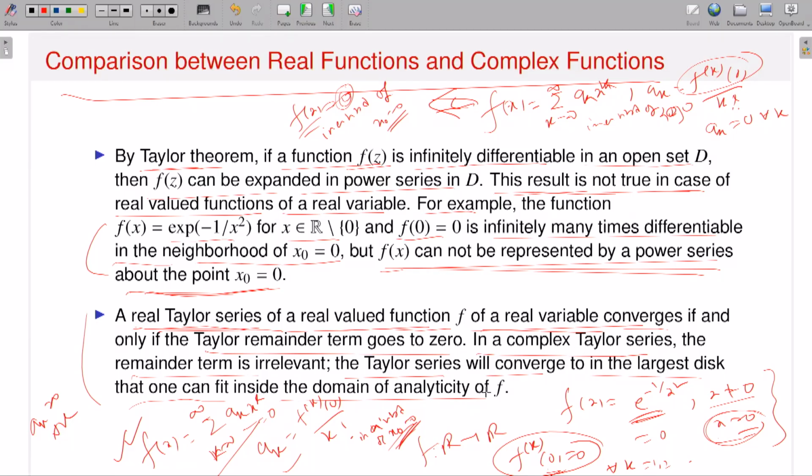So that means if I have a function analytic in a domain D, and I take a point z0 inside my domain, then around the point z0 I will have what is called a Taylor series. There is no remainder term or anything. You will have an expansion of the Taylor series and it converges absolutely in the largest disk that I can fit inside my domain of analyticity.